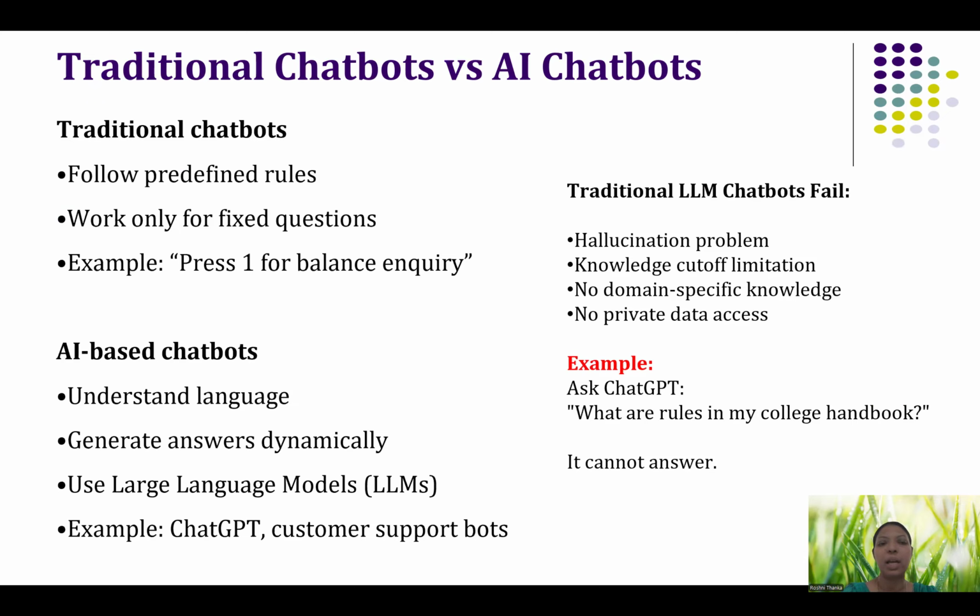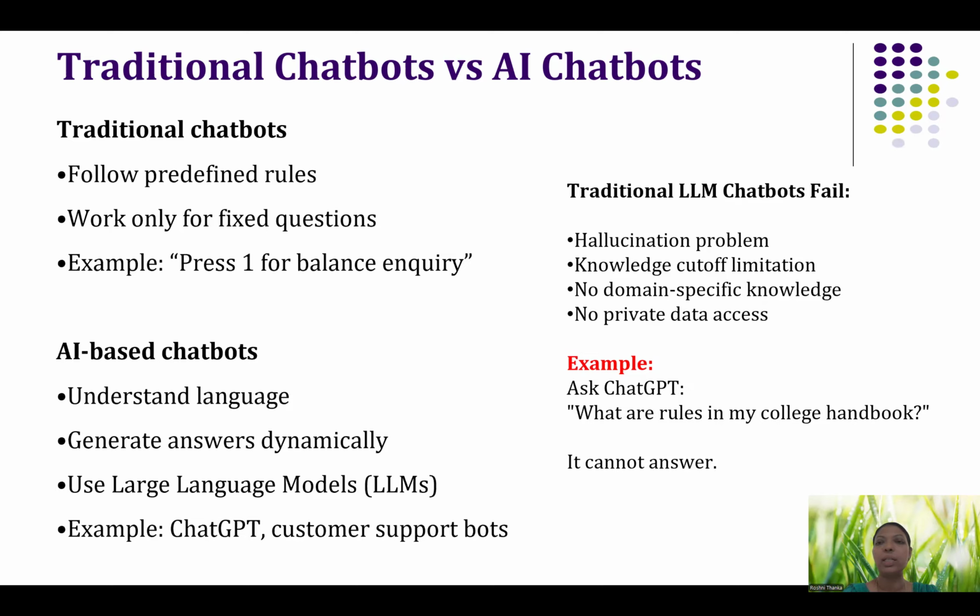But AI-based chatbots will understand our language in the way we speak itself, and then dynamically give us the answer according to the situation. It will use a large language model to provide the service. Examples are ChatGPT and other kinds of chatbots.